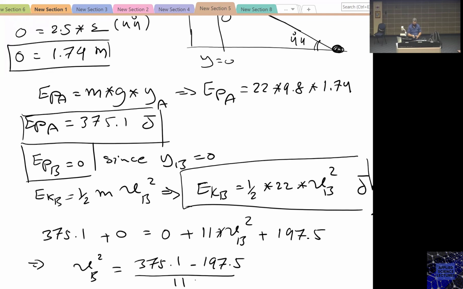Is that right? 375.1 minus 197.5 divided by 11, square root is 4 meters per second. vB is 4 meters per second. Okay, so let's stop here.